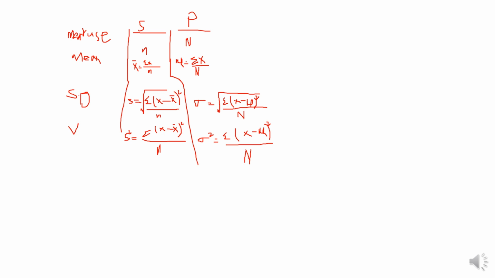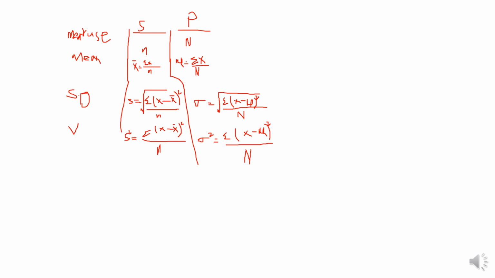So these are the main formulas that we have to learn in the sampling chapter. For the sample, the mean is summation x divided by small n, and for the population we have mu, which is divided by capital N. Similarly, this is the difference for the standard deviation and variance as well.